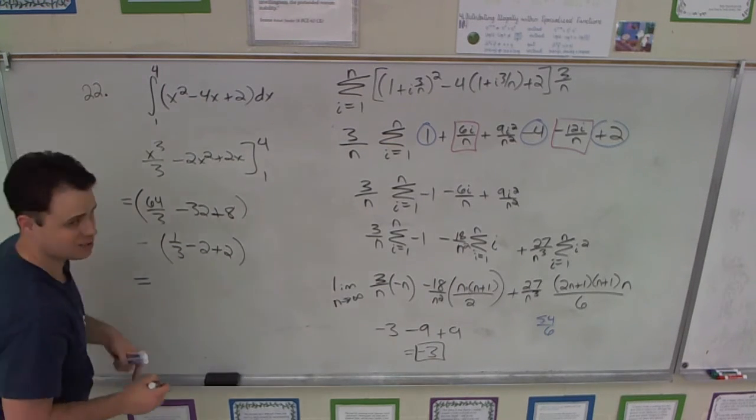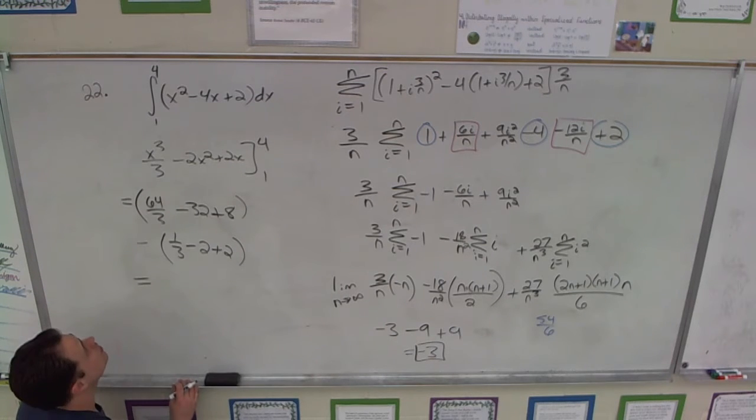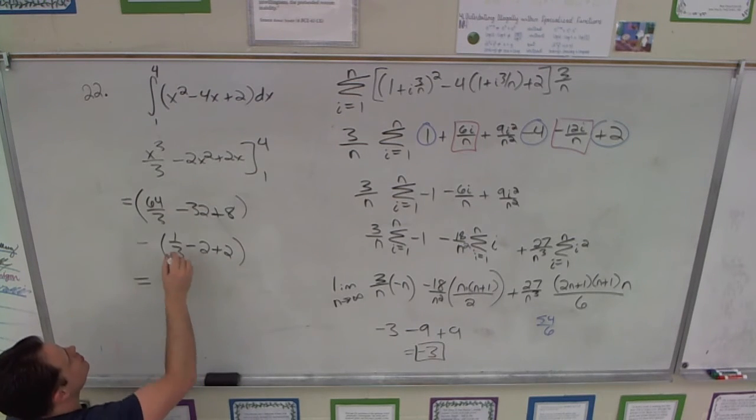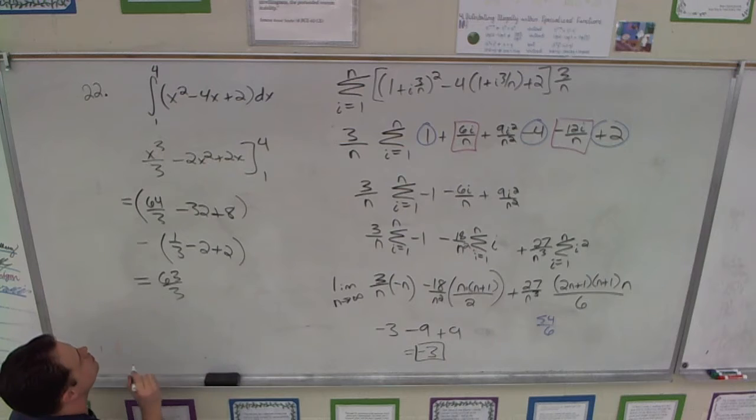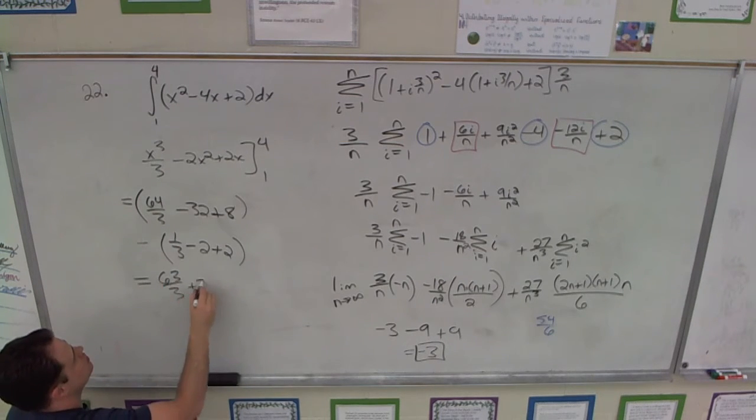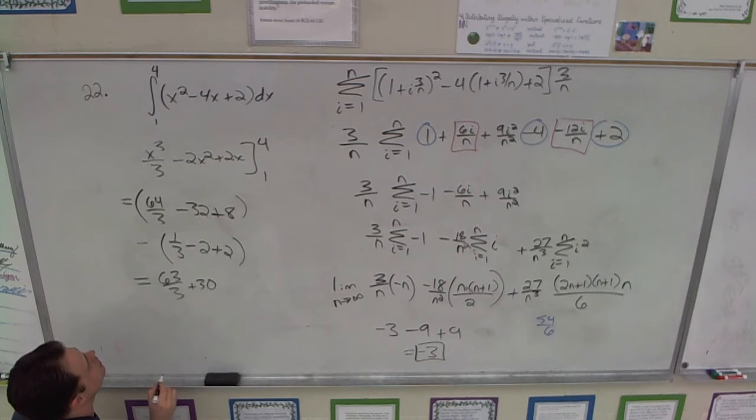I'm not seeing a 3 yet. Let's see what happens. Oh, man. I don't want to do thirds. Negative 24. 64 minus 1 is 63 thirds. And that is equal to negative 32 plus 2, plus 21. 63 thirds is 21.